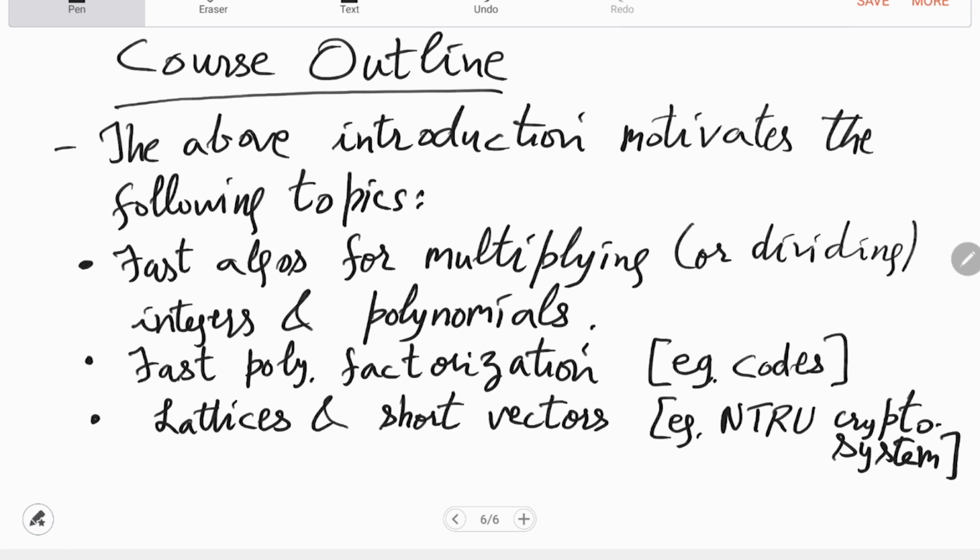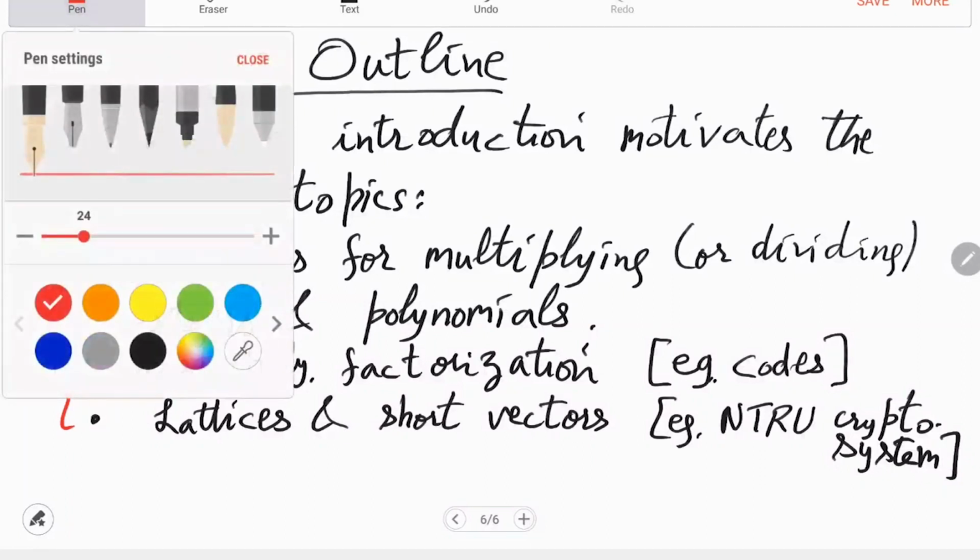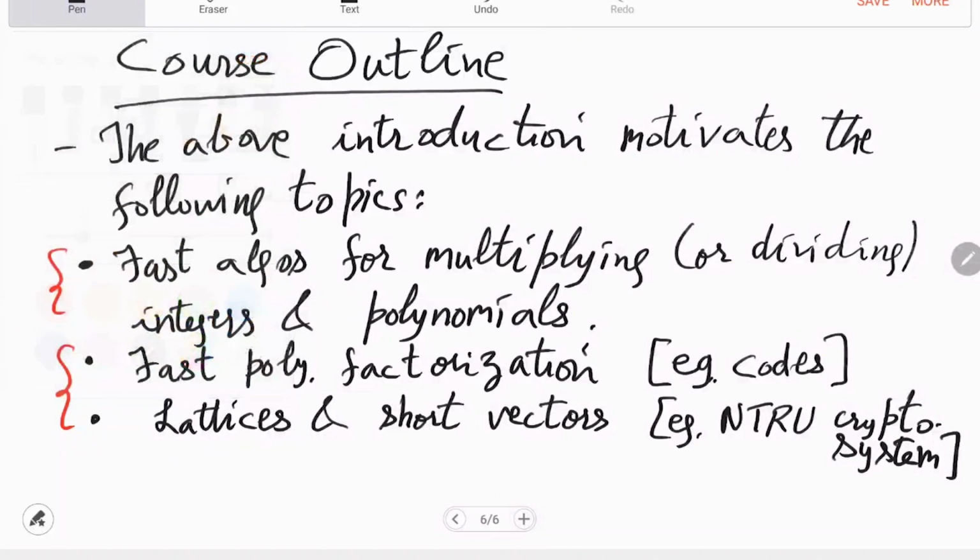Right, so by this point what would you have covered? So this is about multiplication, this is about polynomials, the opposite thing, which is factorization, and then you do this for integers, integer factorization, right.